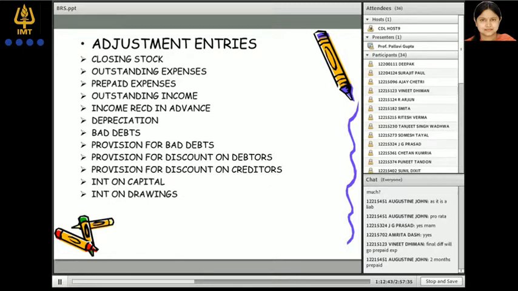Right? This prepaid expense would be taken in your balance sheet as the current assets, and this expense would now be decreased. 12,000 is debit, 2,000 is credit. So effectively you will take 10,000 only as the expense.